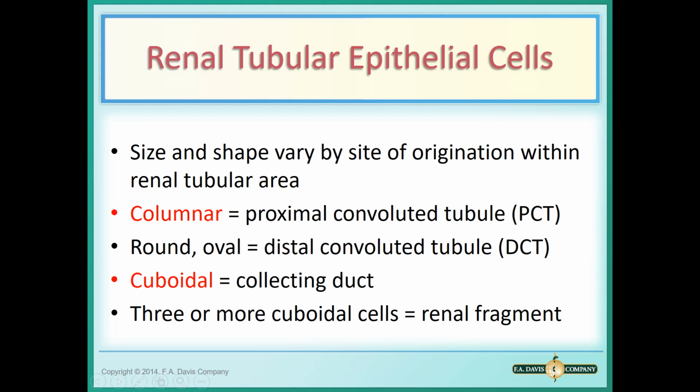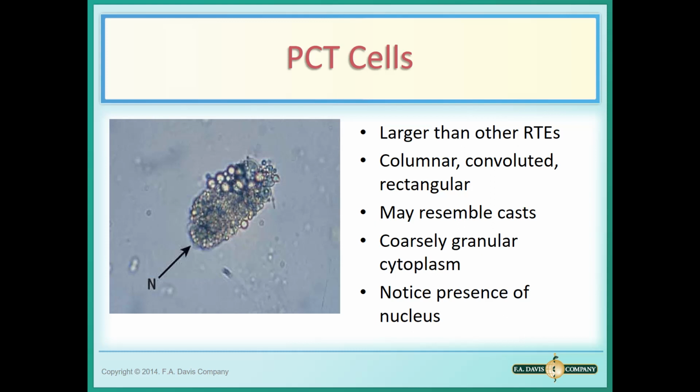Columnar renal tubular cells come from the proximal convoluted tubule. If they're round or oval renal cells, they're developed in and shed from the distal convoluted tubule. And then cuboidal, which we'll see in just a minute, come from the collecting duct. If we see three or more cuboidal cells together, we call that a renal fragment, and we would report that independently.